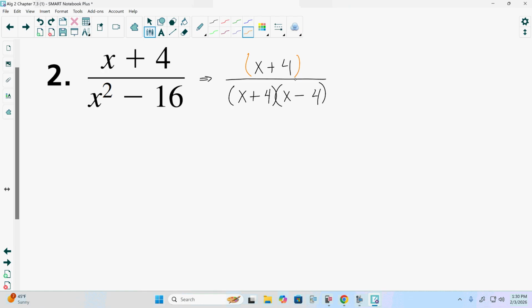So what do we have in common on top and bottom? X plus 4 and x plus 4 are in common on top and bottom, yes? Now, the denominator will indeed be x minus 4, because that's the only thing left, yes?